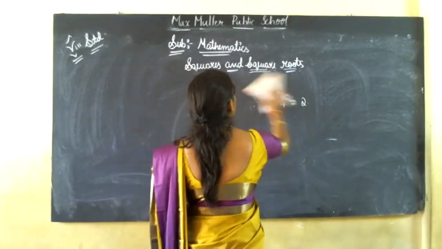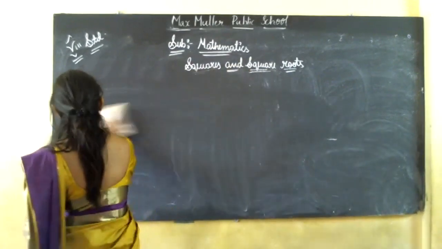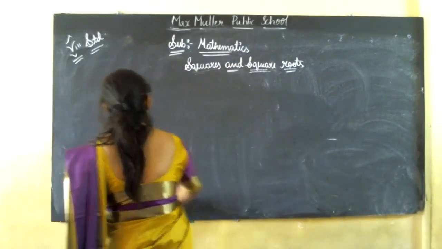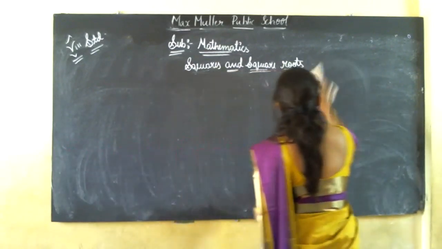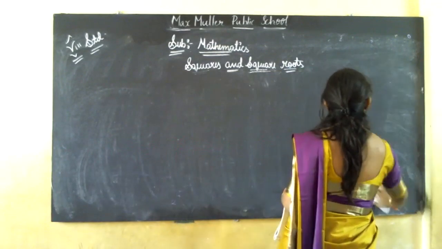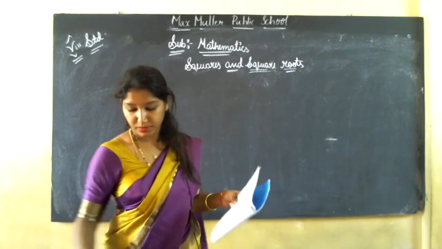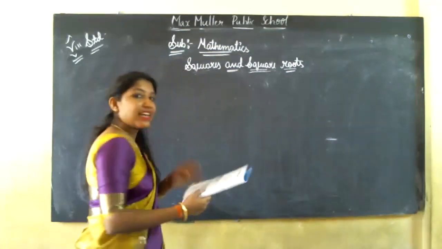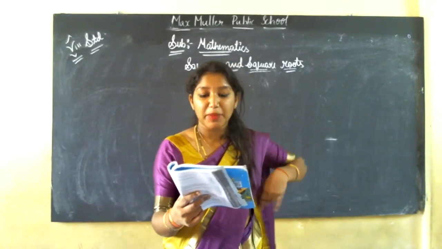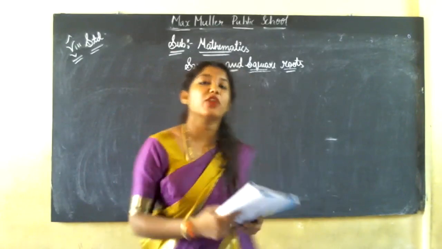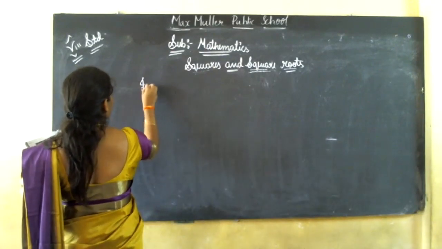To find squares, you have learnt many of the rules and properties, is it not? Or some other important patterns you have studied. But here, there is a separate method, that is finding square roots through the prime factorization method.